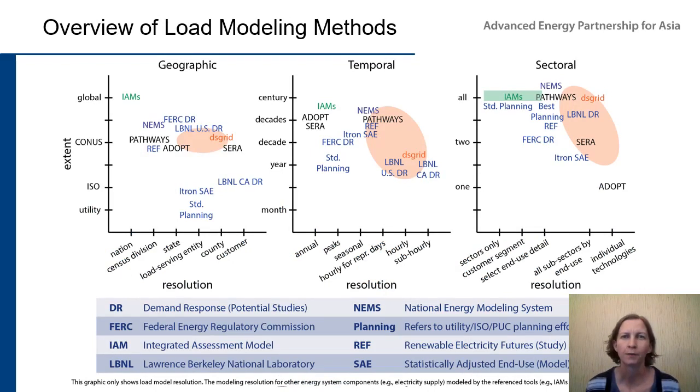All right, now kind of turning to what some different kinds of load models look like. This is a figure I pulled together to get a feel for how our load modeling project, which is called the Demand Side Grid Model, or DS Grid, compared along these extent and resolution axes that we talked about before, compared to other load modeling efforts in the United States.